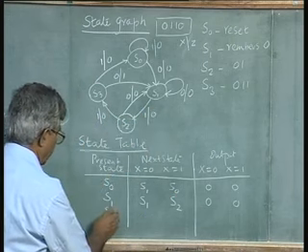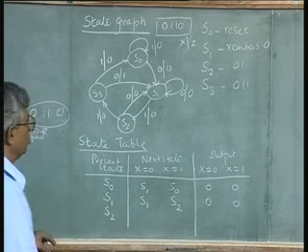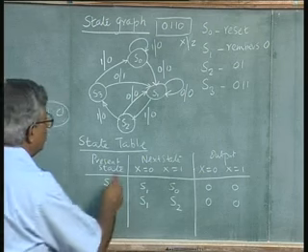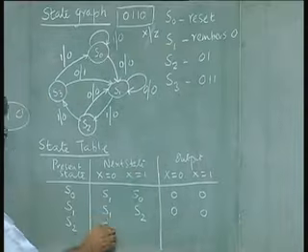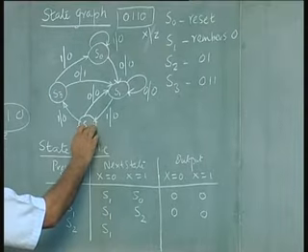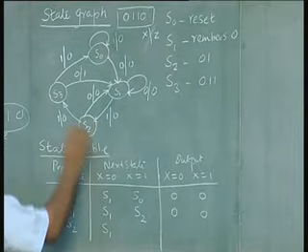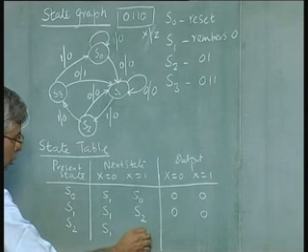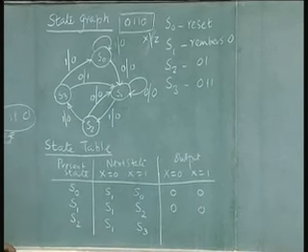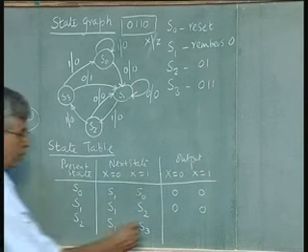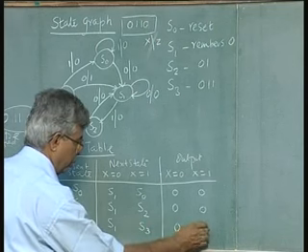You are in state S2, input 0 occurs, go back to S1, and if it is 1, you go to S3. Again, in both cases the output is 0.